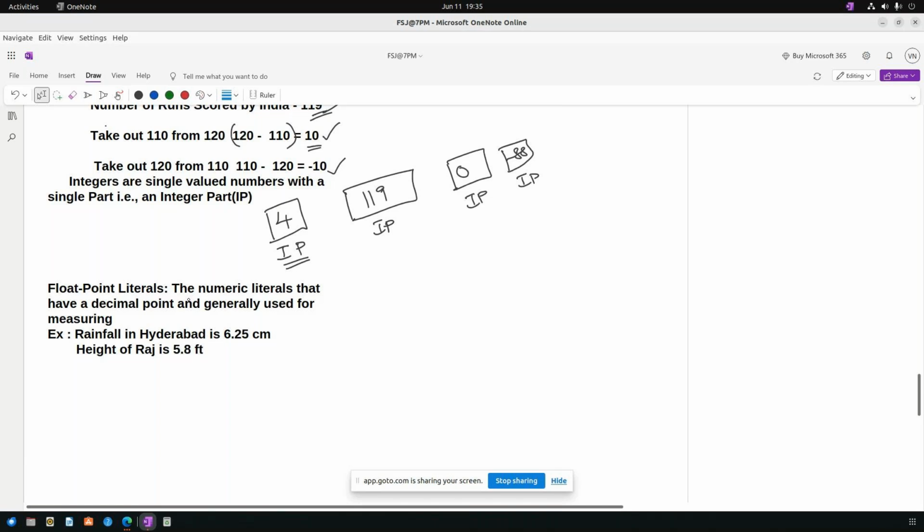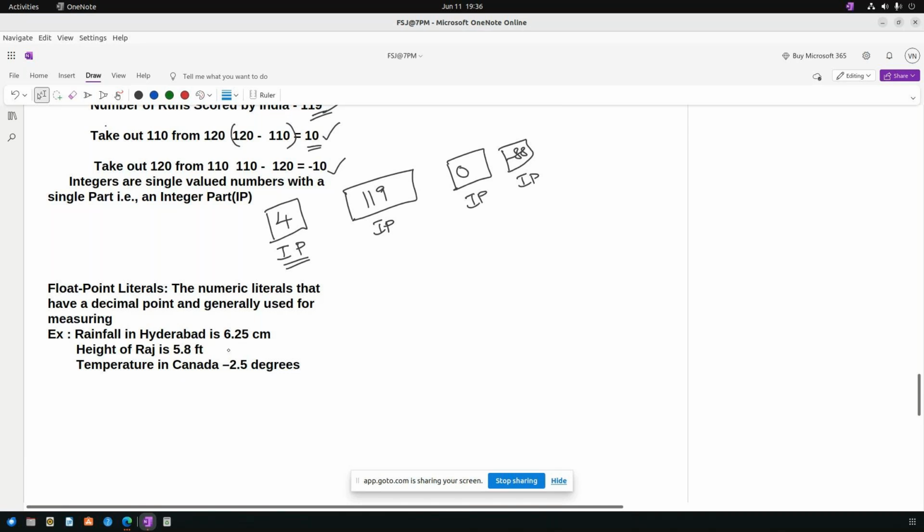So 5.8, 6.25 and so on are nothing but measurements. The temperature in Canada is something like minus 2.5 degrees. So minus 2.5, 5.8, 6.25, these are all called float point literals.